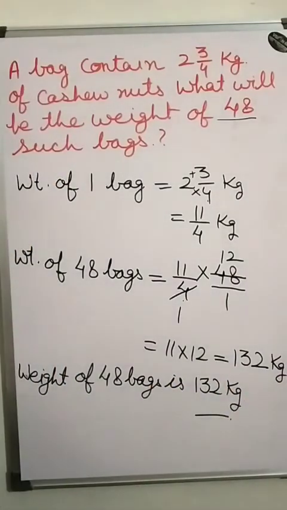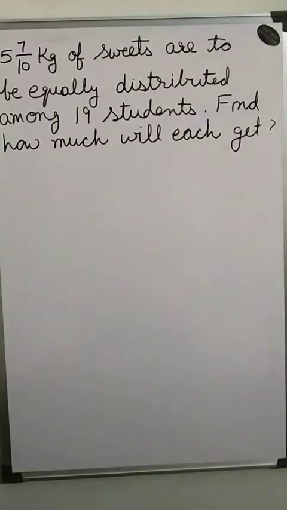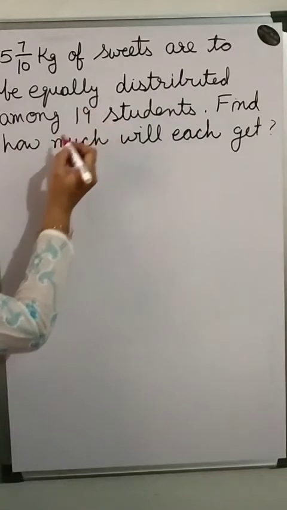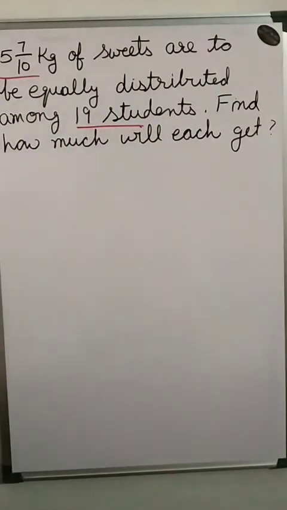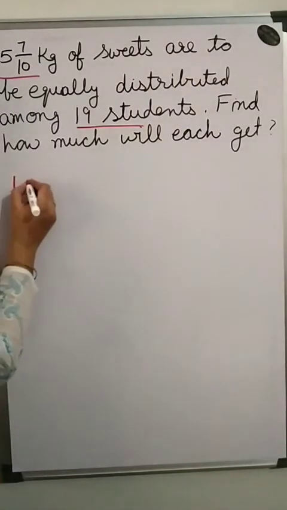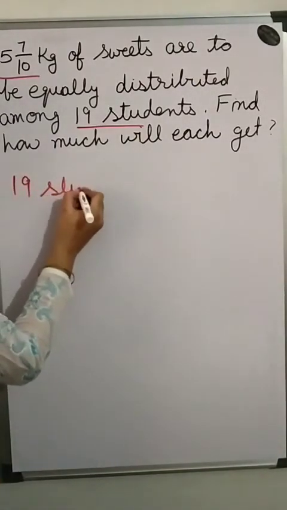This is the answer. I explain you one more question here. Here the question is 5, 7 upon 10 kg of sweets are to be equally distributed among 19 students. Find how much will each get. Here how many students? 19 students get sweets.